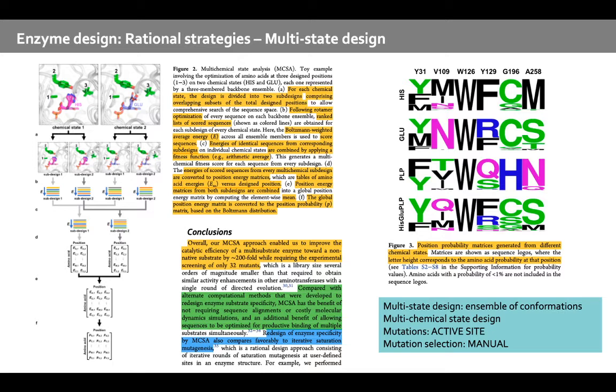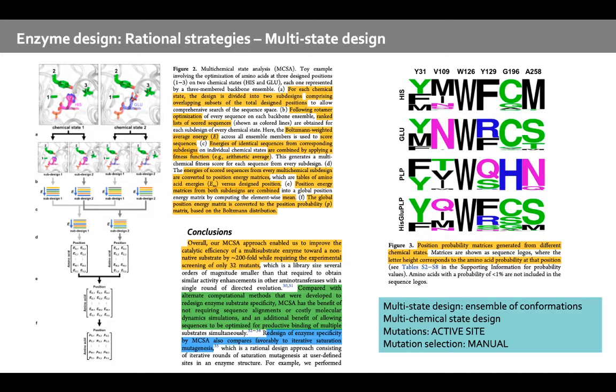However, if you look at when histidine is bound in the active site, then you see that there is also a methionine, and this methionine also appears in the glue chemical state. So they did this kind of analysis, which are the best amino acids at each chemical state, but at the end they try to group all these different possibilities in the his glue PLP, and they identify which are the best amino acids at each position that in principle should favor all chemical steps.